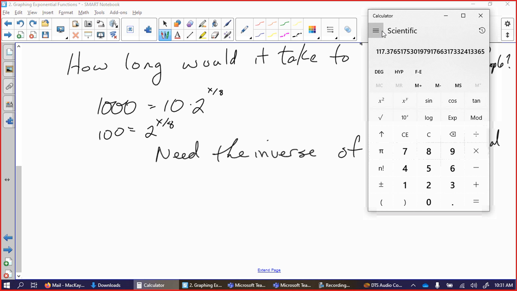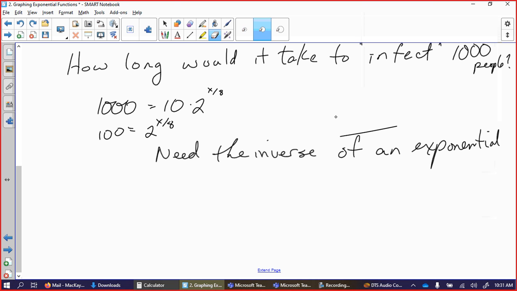We went from 60 to 55, to 53. So it's going to be between 53 and 54, and you can keep going. But there is an actual mathematical method to do the inverse of an exponential function.